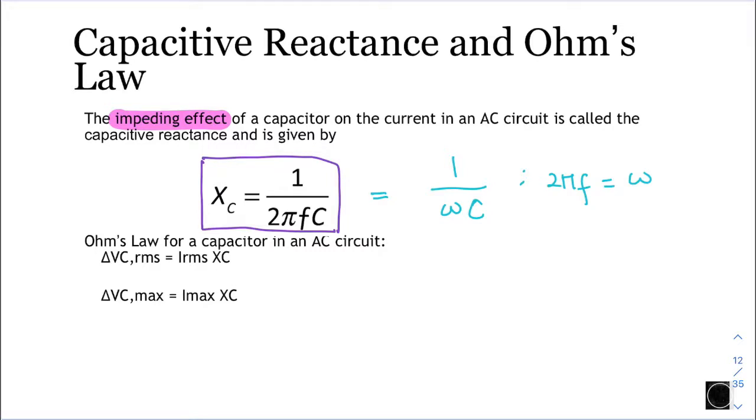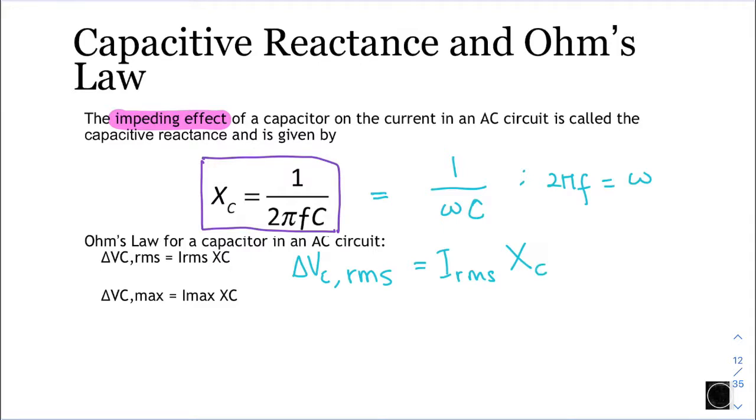Delta V across the capacitor in terms of RMS is equivalent to I across the circuit in terms of RMS times the capacitive reactance of the capacitor.